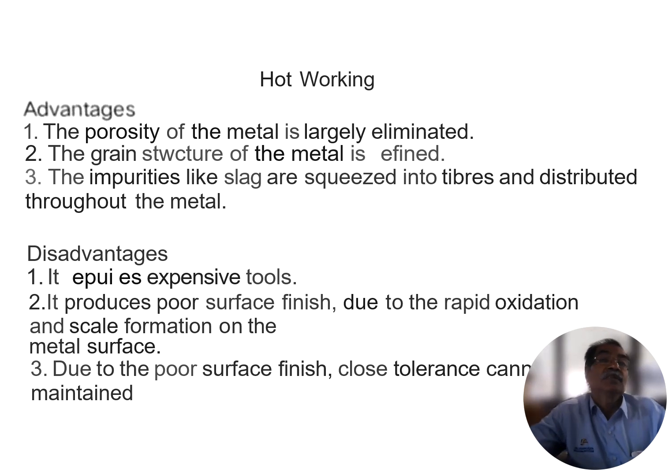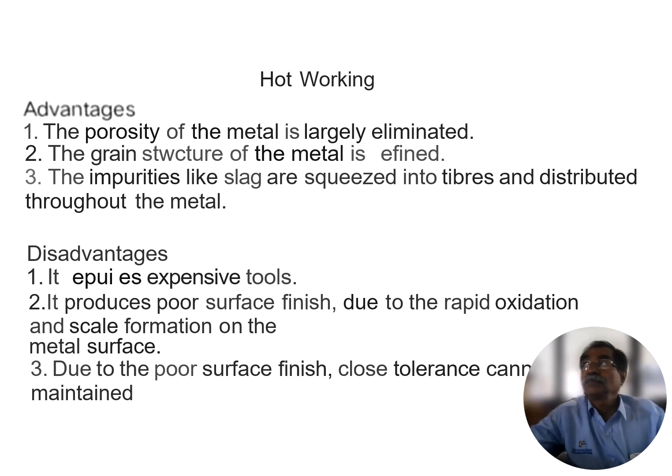The advantages of hot working are the porosity of the metal is eliminated, the grain structure of the metal is refined, impurities like slag are squeezed into fibers and distributed throughout the metal. Mechanical properties such as toughness, ductility, percentage elongation, percentage reduction, resilience to shock and vibration are improved.